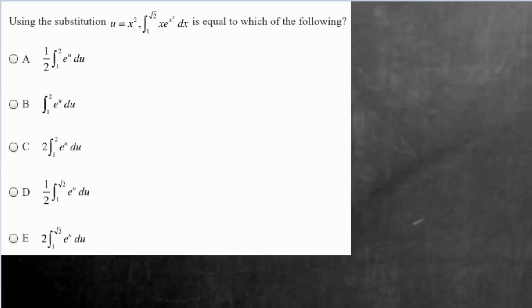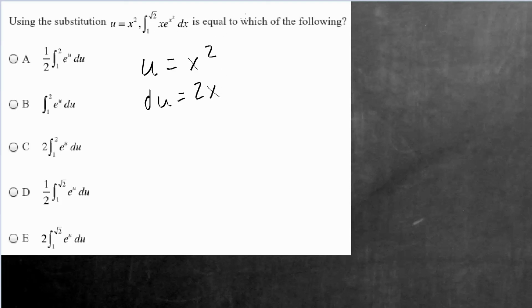All right, using u substitution, u equals x squared is equivalent to which of the following? So if u equals x squared, du is 2x dx.